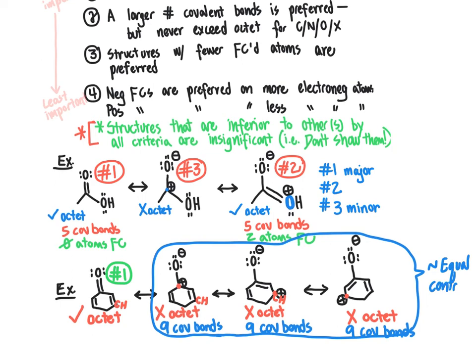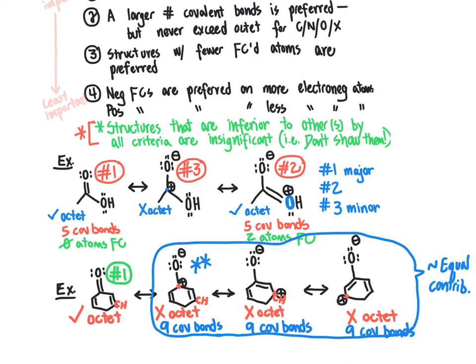There will be some subtle difference in contribution based on how far separated the positive and negative formal charges are, where less charge separation is preferable. So technically the structure right here that I'm putting a star on is somewhat better than the other 2 structures.